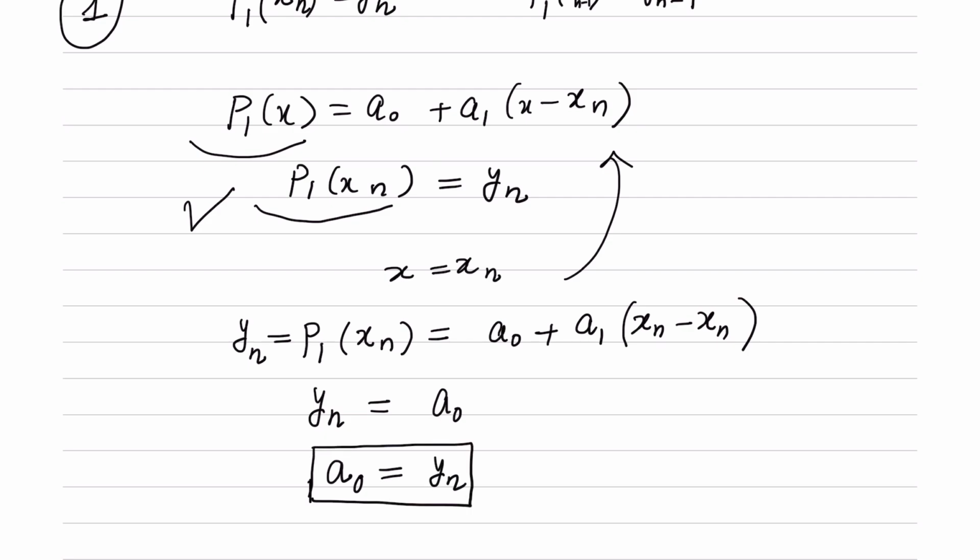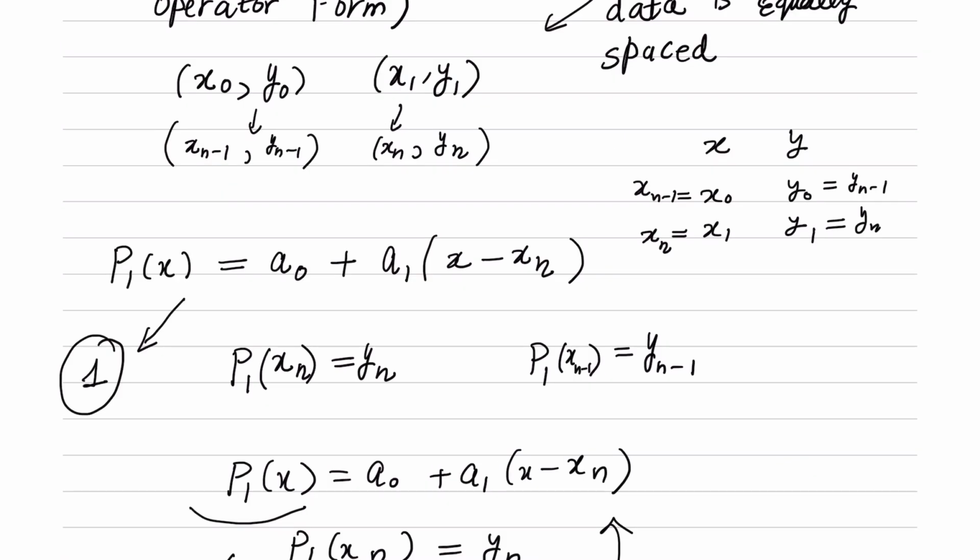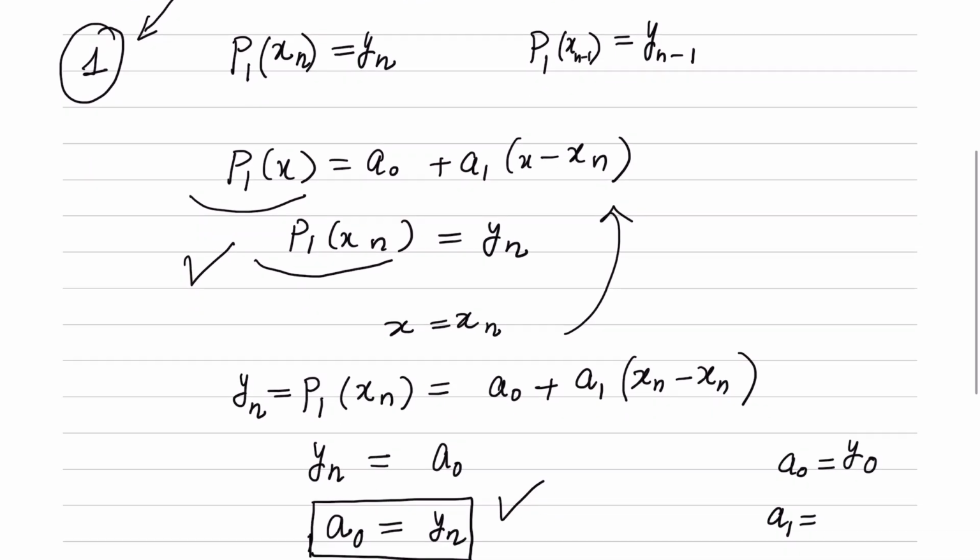Remember when we found a0 and a1 in Newton's polynomial for forward difference operator, we had a0 as y0, the starting y. But here we have a0 as the last y, which is actually y1, but we have named it yn.